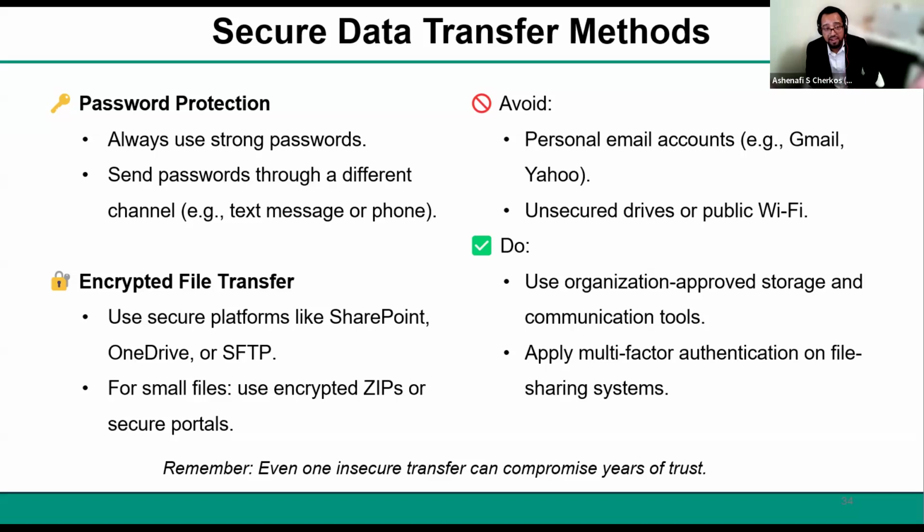Encrypting a file might not be that hard, but we need to use built-in systems. For example, if we share our data within an organization, we can use SharePoint or OneDrive. These have built-in encrypted files, so we don't need to worry about it if we are using these clouds.